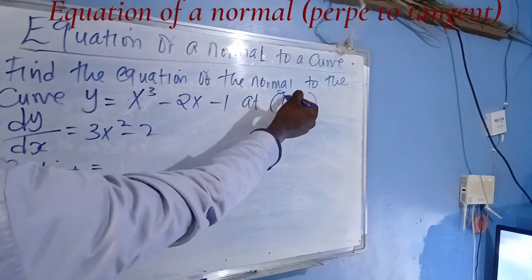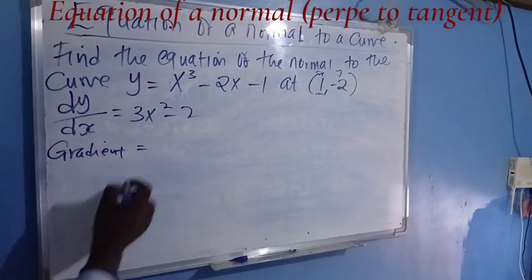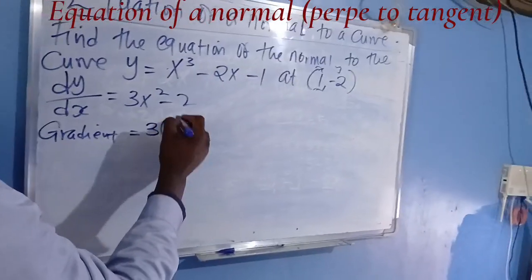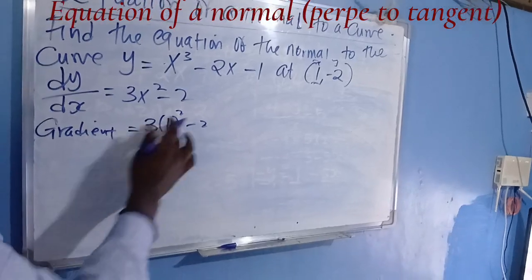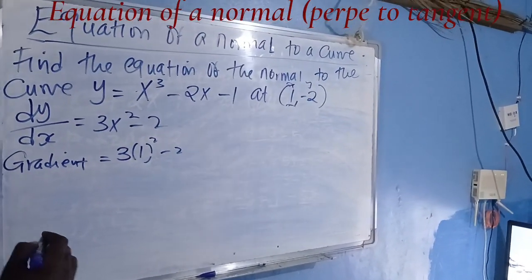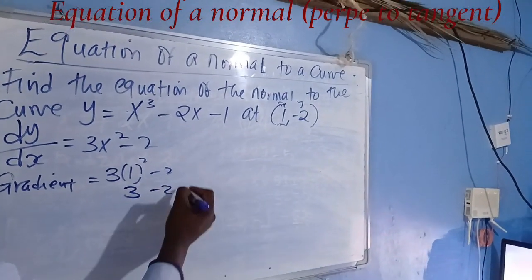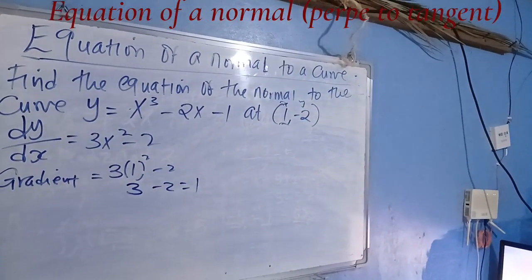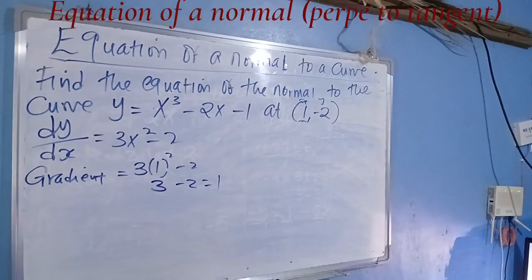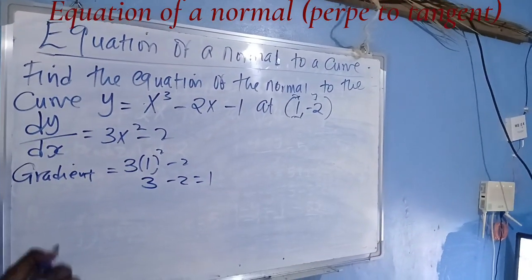Take x and y. Our x is 1, so the gradient will be 3 times 1 squared minus 2. So this will be 3 times 1, which is 3, minus 2 is equal to 1. So 3 minus 2 will give us 1. So the gradient of the tangent is 1.